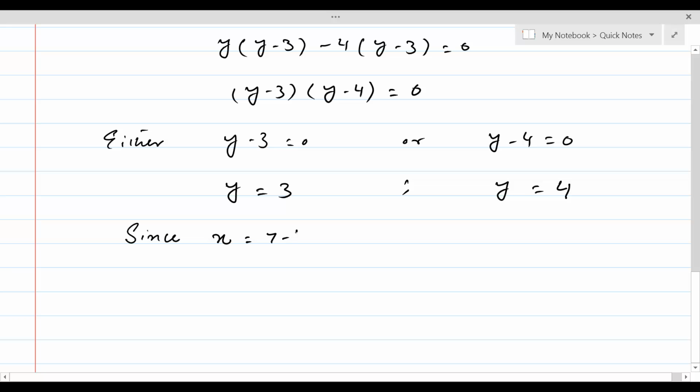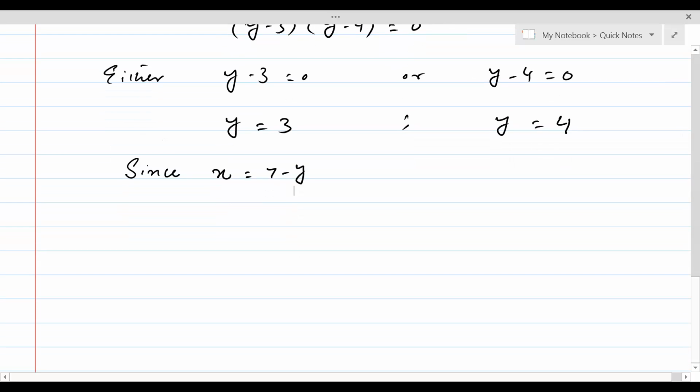And now we have values for y, so let us substitute them. If y is equal to 3, then x is equal to 7 minus 3. This will give us 4 as the answer.